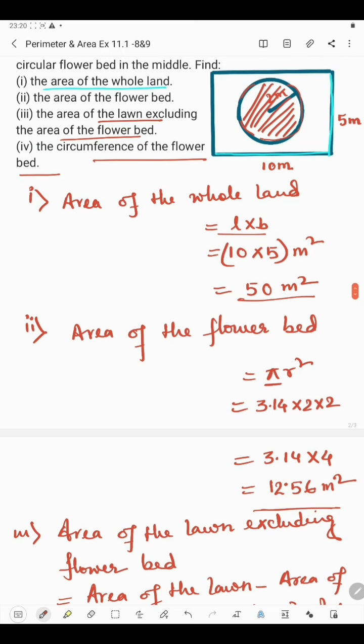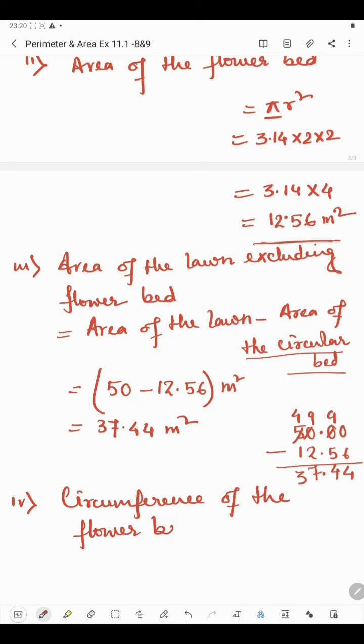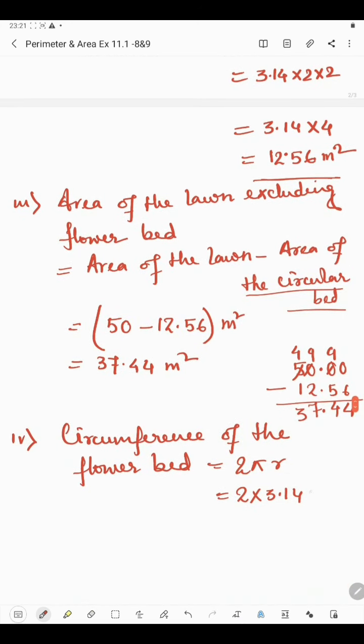Now the flower bed is in the shape of a circle. So circumference of the flower bed will be 2 pi r. Now pi is 3.14 and radius is given, which is 2 meter. 2 meter is the radius of the flower bed, right?